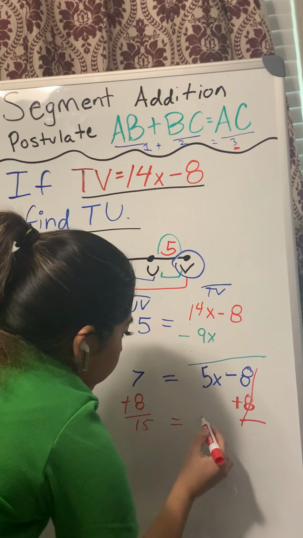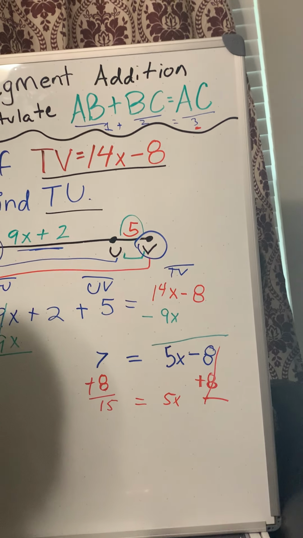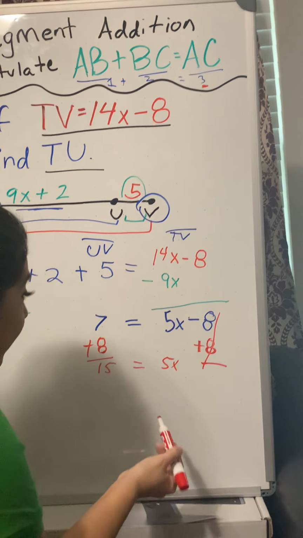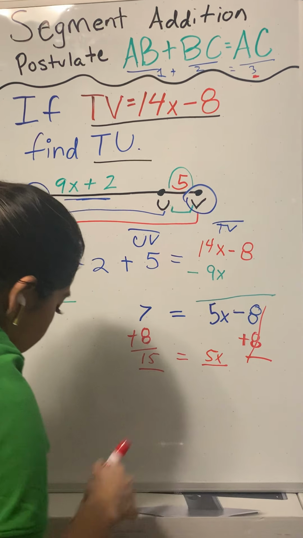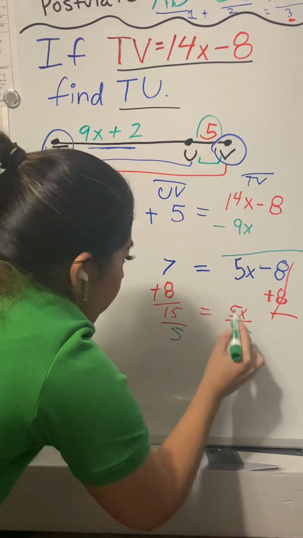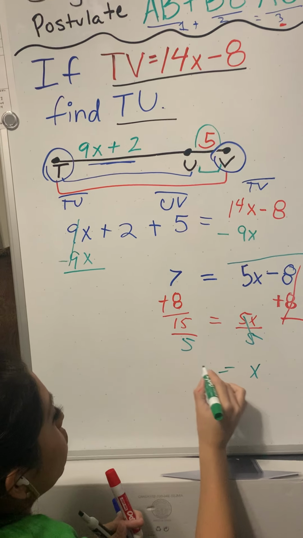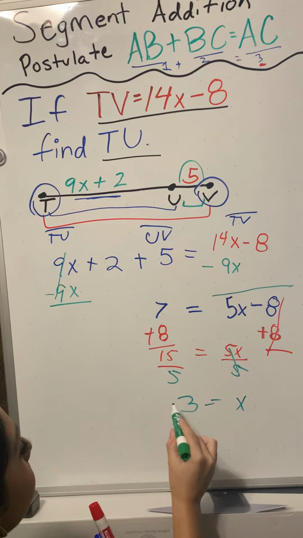We bring down our 5x. We need x by itself, so we divide by 5. We are left with x equals 3.